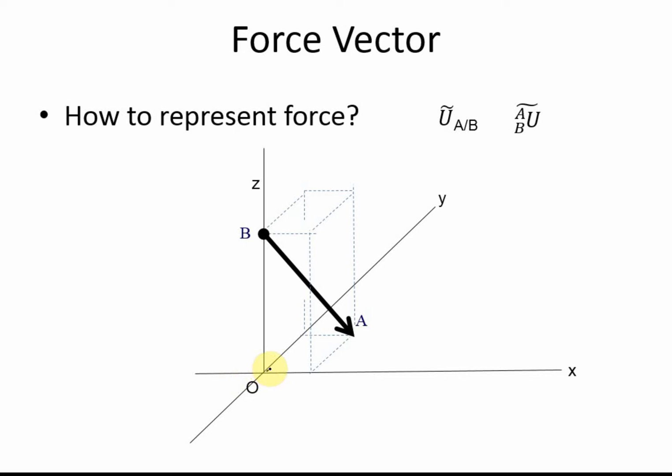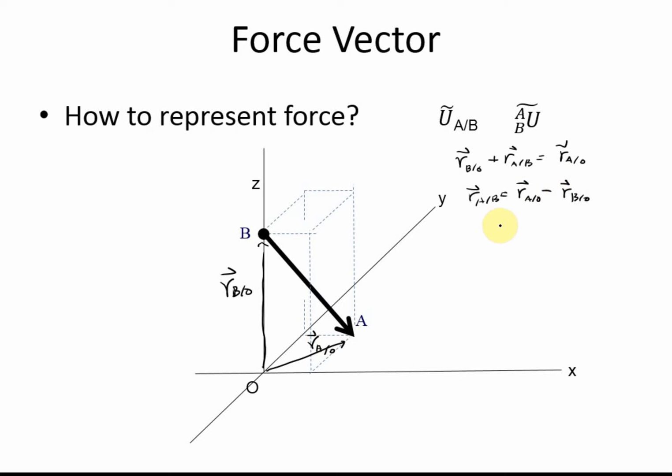I want to define, let's say this is RAO from O, and then from here to here RBO. Okay, so we know that, like that, and then our RAB is RAO minus RBO.